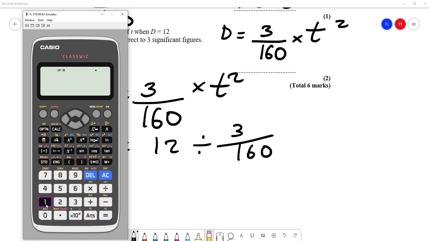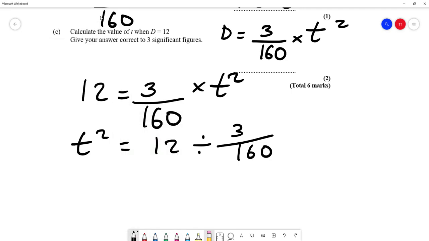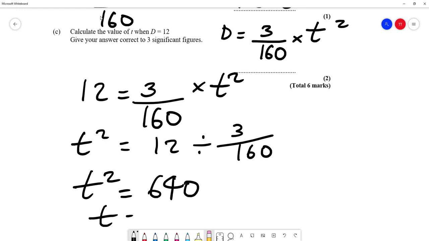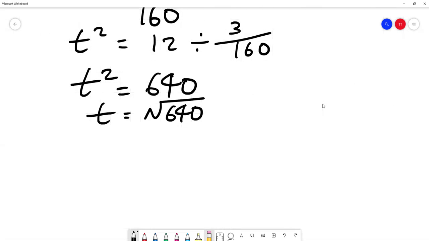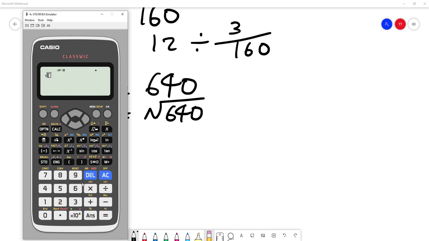So I get 640. So t squared is 640. So t is the square root of that. We can type that straight into our calculator. So to three significant figures is 25.3.